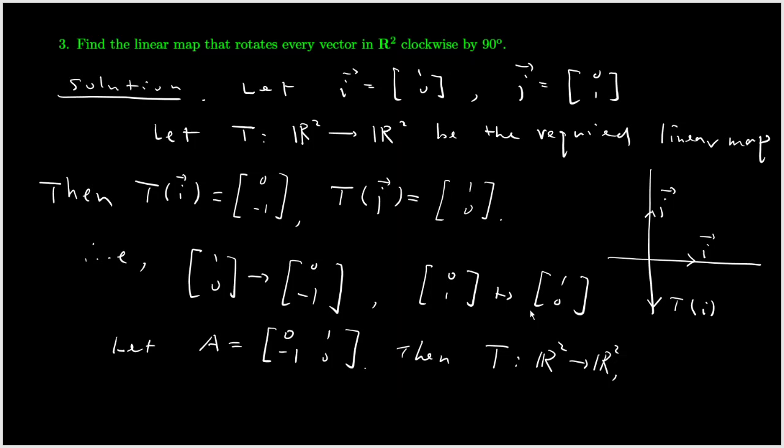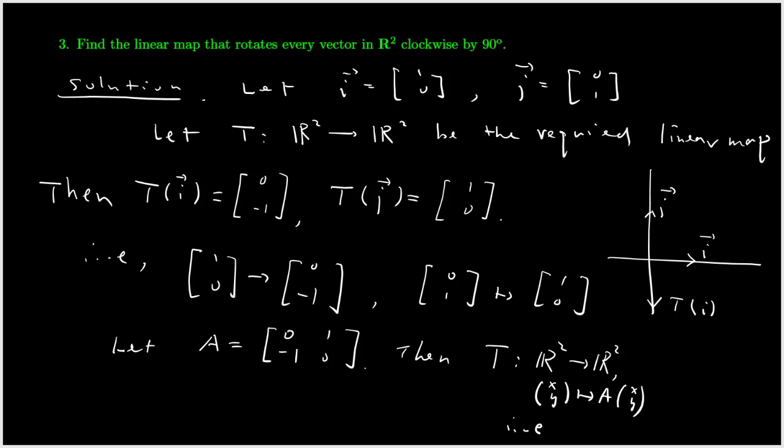So the rule is: each vector (x, y) in the domain is mapped to a vector in the codomain, given by A times (x, y).